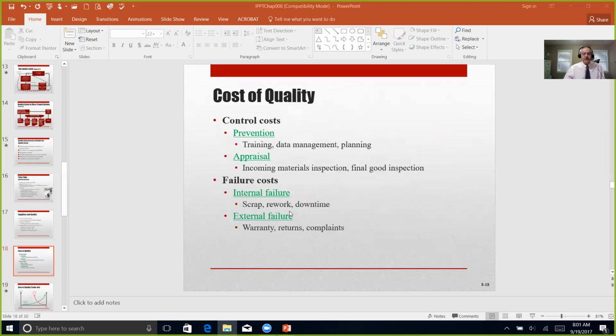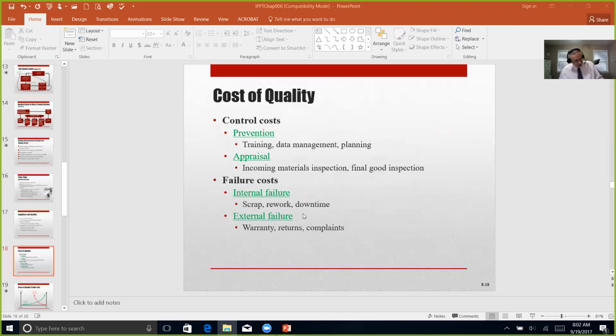And we have this figure here on 8.1, this table 8.1 on page 174, that really provides a very good snapshot of the difference between control cost and failure cost, and gives us a few more examples of the prevention cost, the appraisal cost, internal and external failure cost.